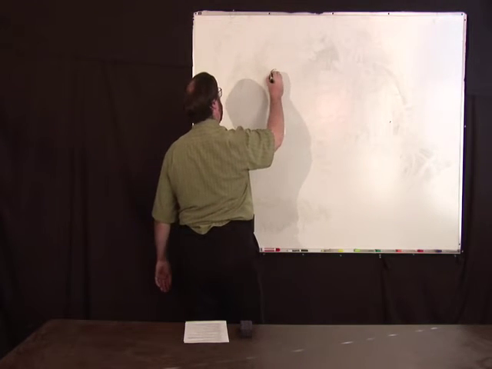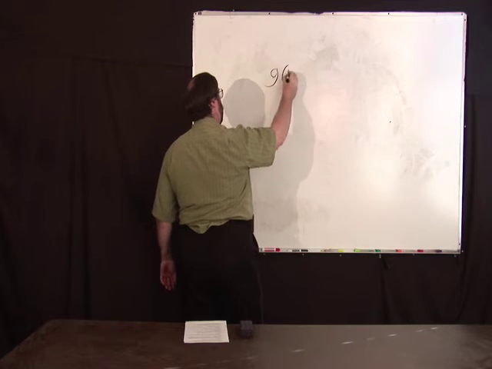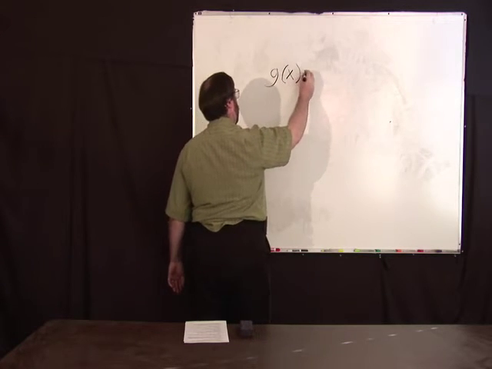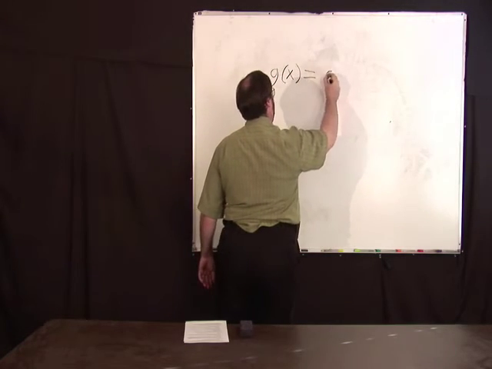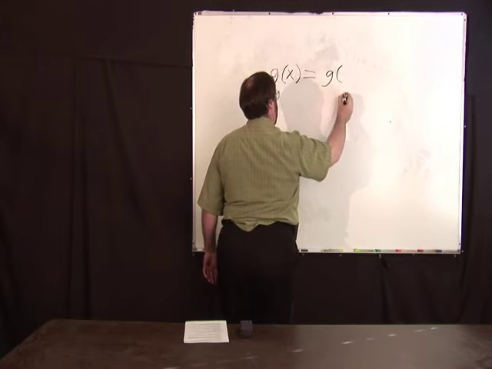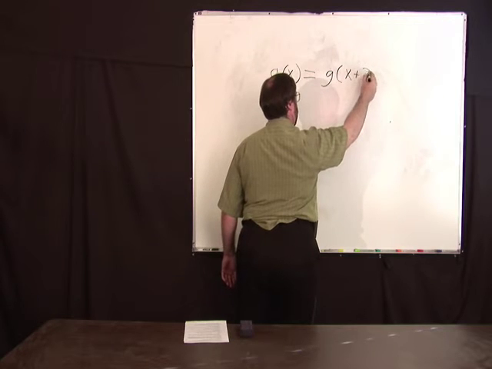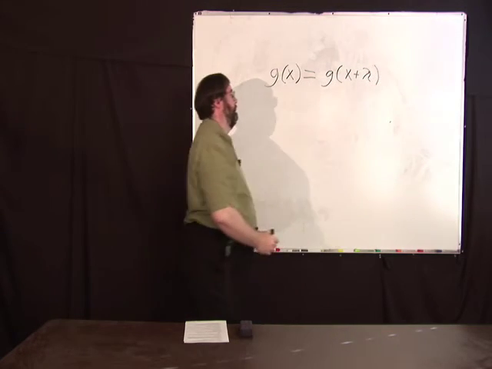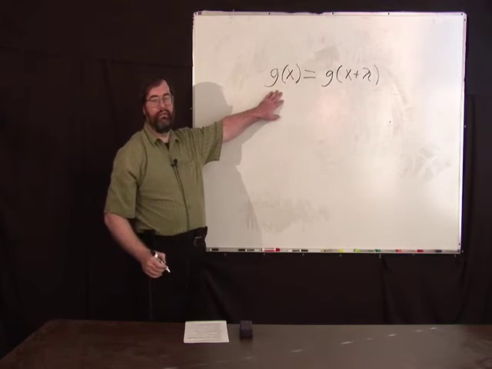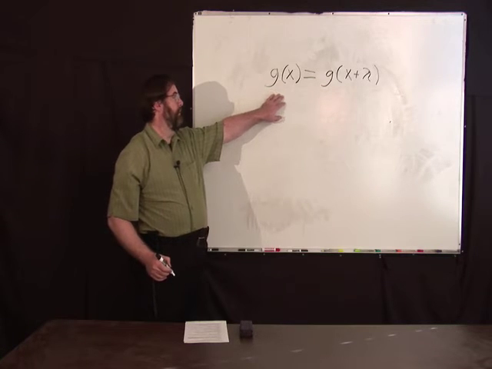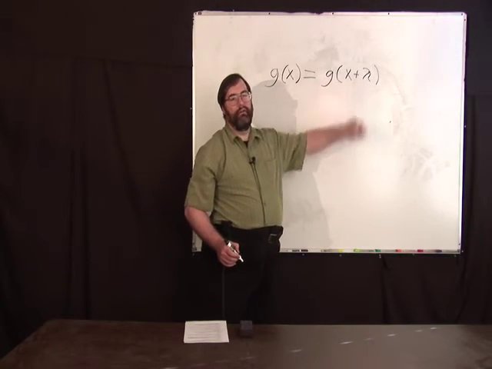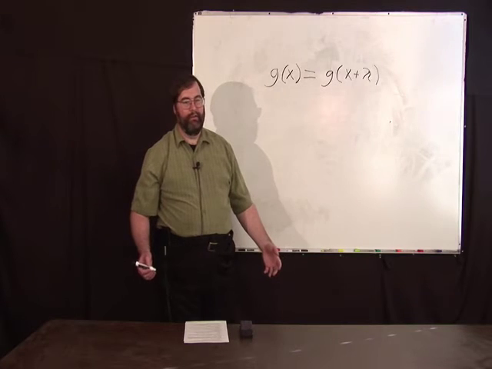Okay, we have a function, g of x. It's periodic in space with wavelength lambda. If this relationship holds for all x, lambda is called the wavelength.